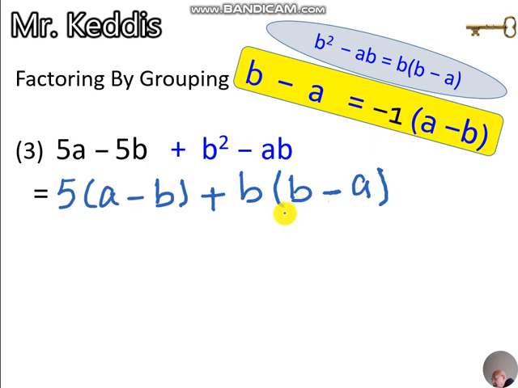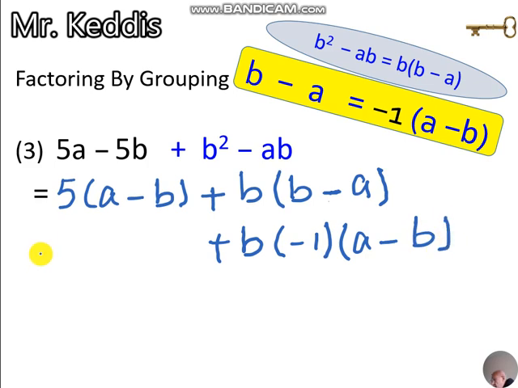I am going to replace b minus a by negative 1 times a minus b. Plus under plus, b under b. I replace this by negative 1 times a minus b. I write equal under equal here. 5 times a minus b.